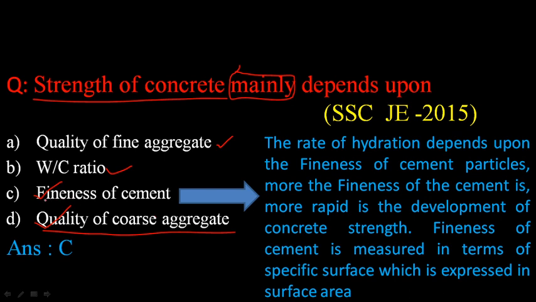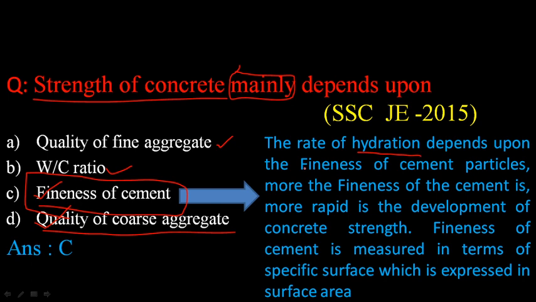So more water is needed to form the cement gel so that we get proper bonding. But the correct option is fineness of cement. What is the reason? The major attribute which contributes to the strength of concrete is the reaction called hydration. This hydration is the reaction between the cement and the water we added in the concrete. Because of the heat of hydration, strength is generated in the concrete.